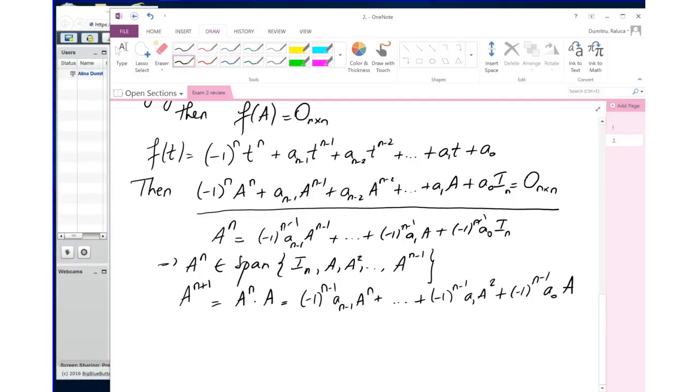Can I replace it by something? Yeah, I have it up there. I can just go ahead and replace a to the n by what I have above. I don't feel like writing all this again. I'll put a star.